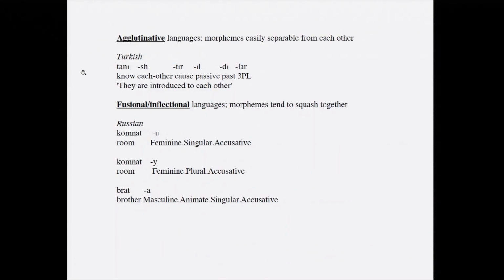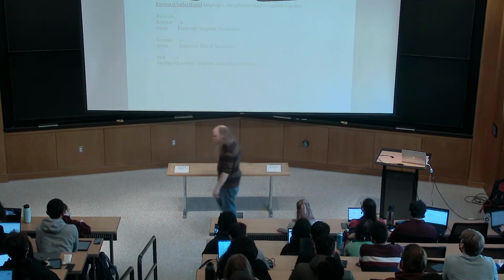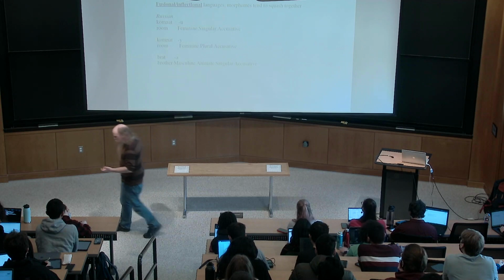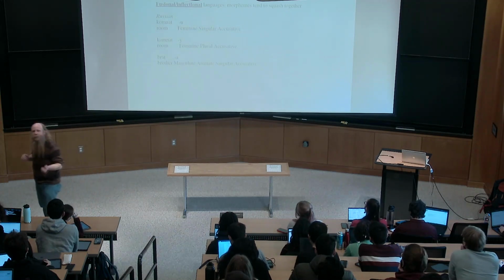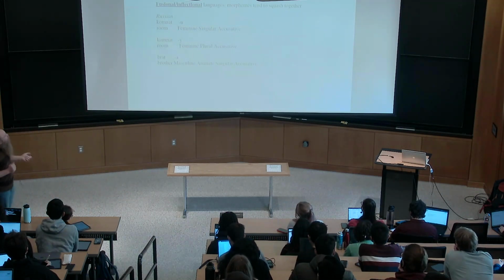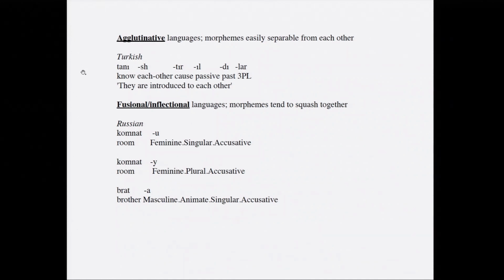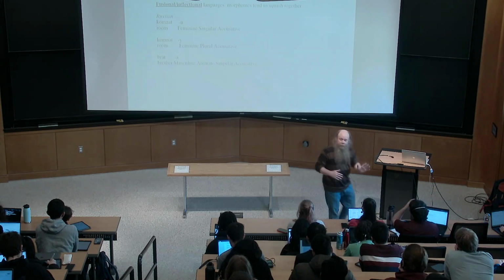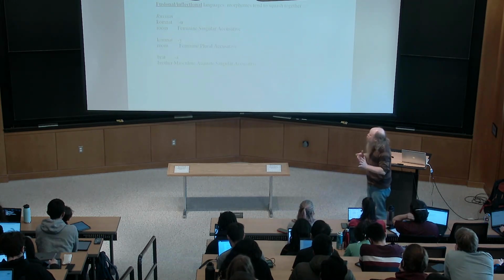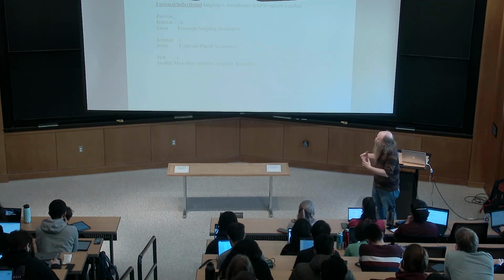Sort of the opposite of agglutinative, people talk about fusional or inflectional languages. These are languages that have morphemes that squash a bunch of bits of meaning together in one small space. So these Russian nouns, for example, end in vowels which indicate the grammatical gender of the noun, and also its number, and also its case, and you aren't going to be able to divide that vowel into parts.